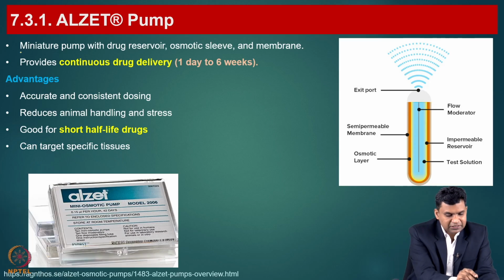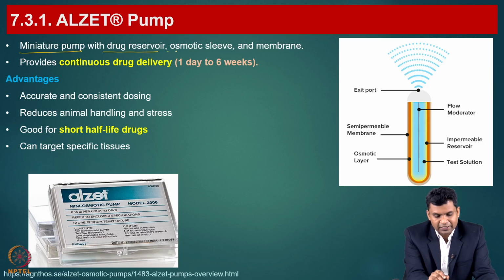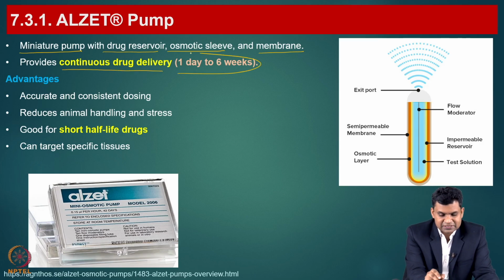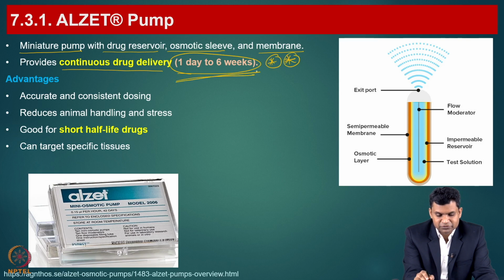Now, these contain a miniature pump with a drug reservoir and osmotic sleeves and also the membrane. And yes, with this you can expect continuous drug delivery compared with other types of osmotic drug delivery systems. You can see here other systems can be used for 1 day, 2 days, but these ALZET pumps help for 1 to 6 weeks.